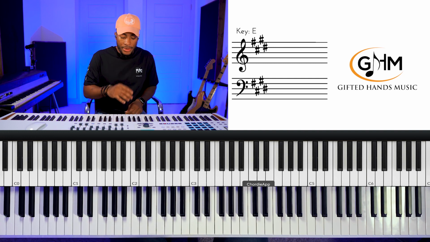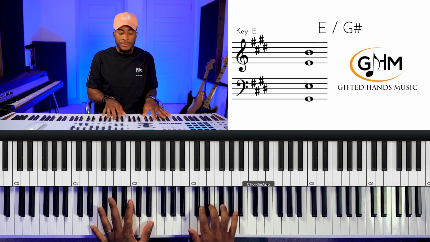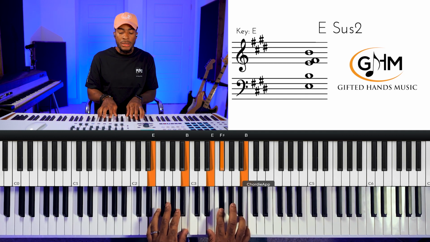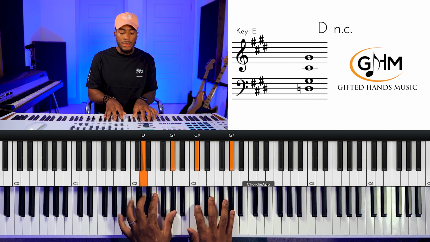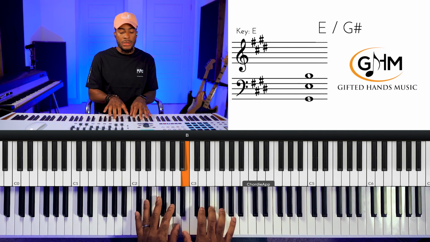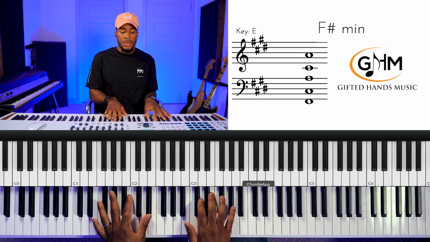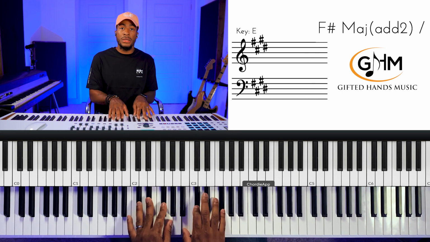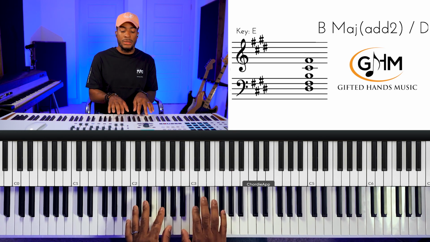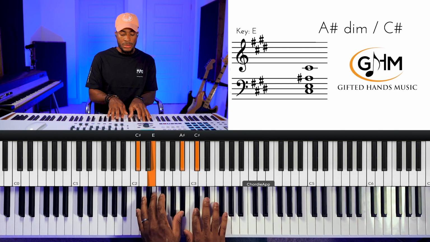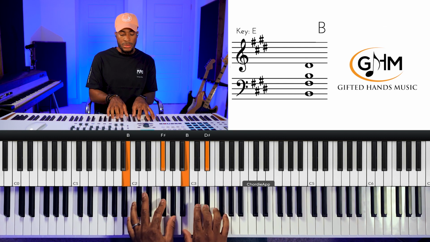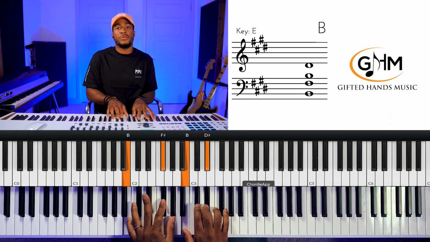So what are those chords in that part? Draw me near, or draw me near, right here. So it has died. Okay, so that's going to be the first movement.